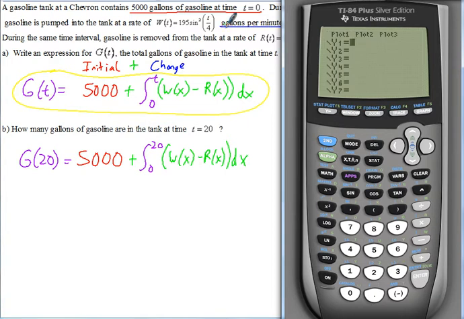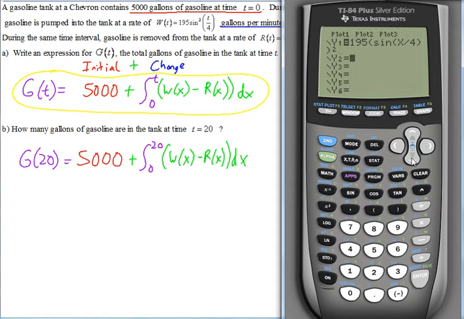Let's type that in there. So it's 195, and then open parentheses, because notice the whole sine is being squared there. So the sine of x over 4, and squared.